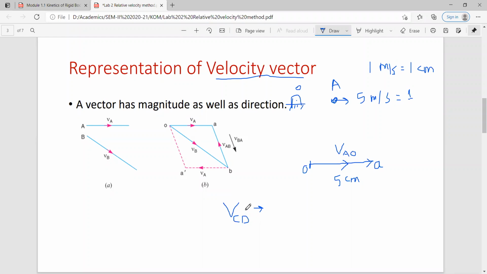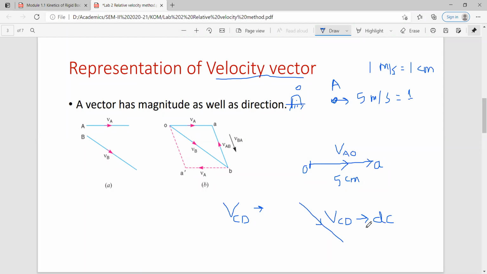And what will be the name of this vector? If you have drawn it like this, that is the vector of point C with respect to D. When you write the name of this vector, you will write it the opposite way. That is, the name of this vector will be small dc.